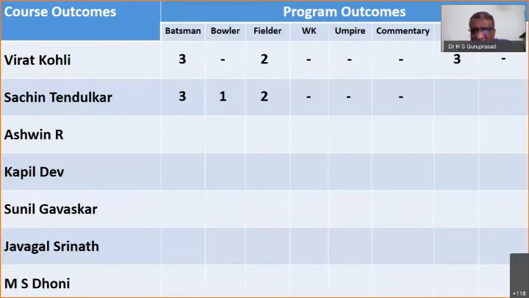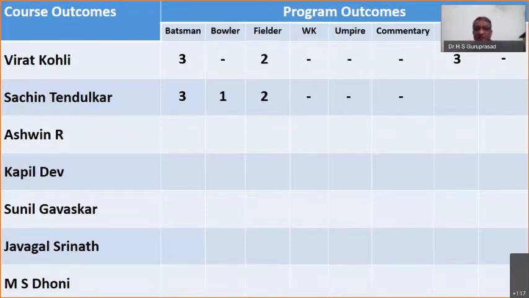Some of you are telling 1, some of you are telling 2, some of you are telling 3 also. Carefully understand, there are all three types of answers. Whenever there is a conflict between 1 and 3, it's a difficult situation.